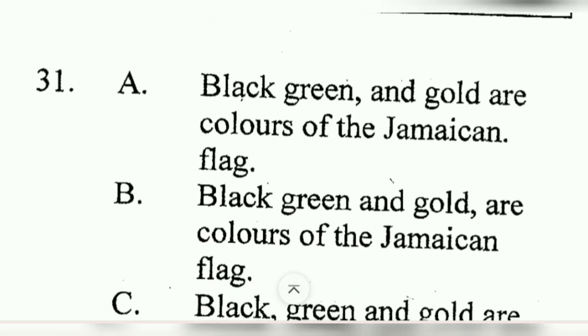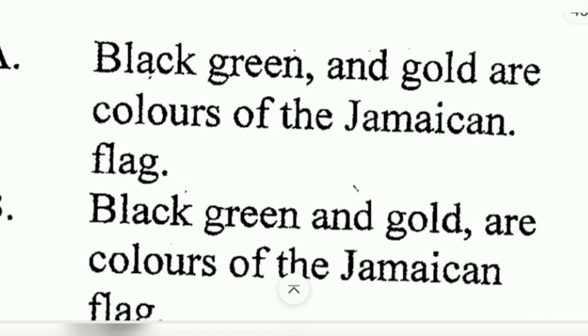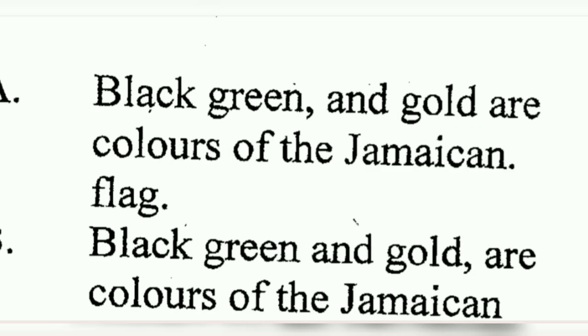A says black, green, and gold are colors of the Jamaican flag. You look at where they have the punctuation marks: a comma after green, a full stop after Jamaica, and the sentence is not finished yet, so we know A is wrong. Because they're listing, they should also have another comma after black. This is wrong. They shouldn't have that, and this should be a capital F. So we know A is wrong.